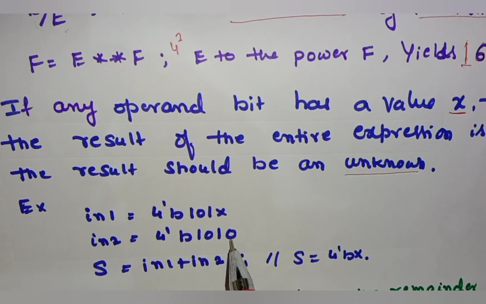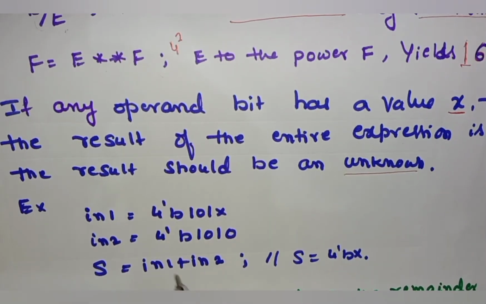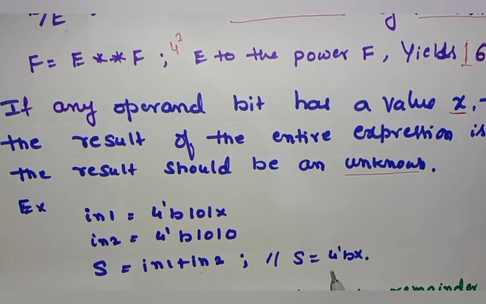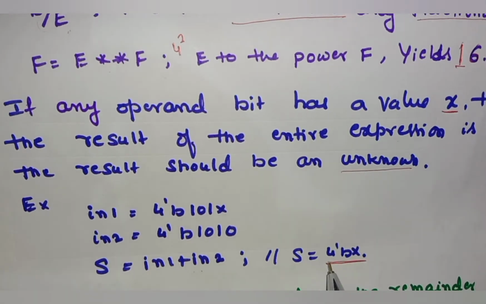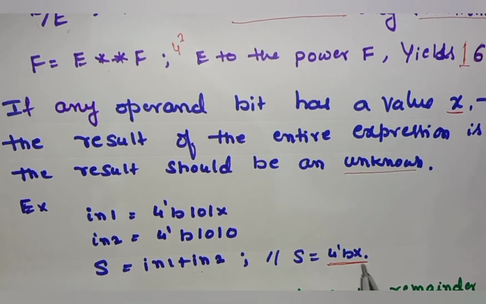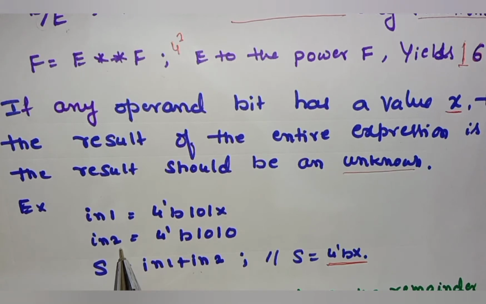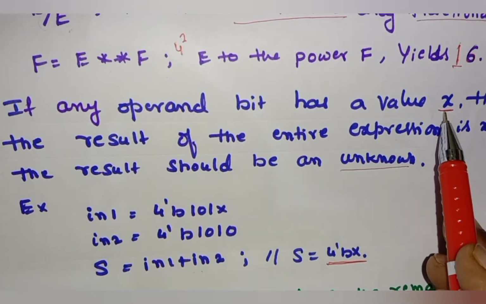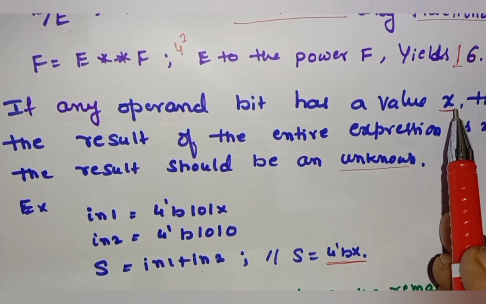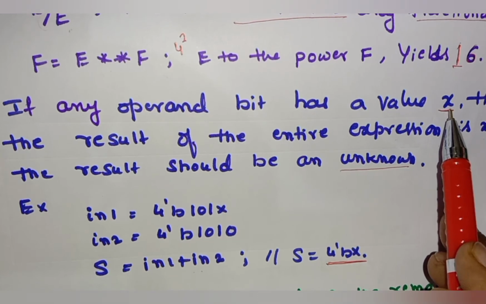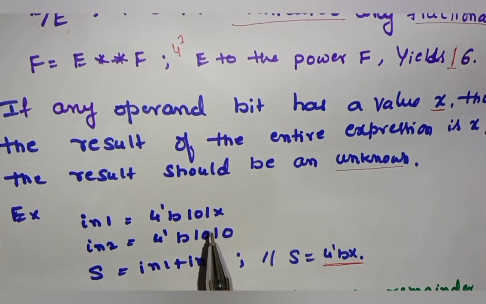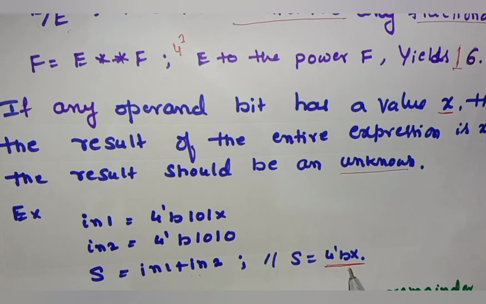If I told you to find the sum of these two numbers, what is the answer? The answer is 4 bits of x, that is, unknown values. If any one operand bit has a value of x, an unknown value, then its answer is also an unknown value.